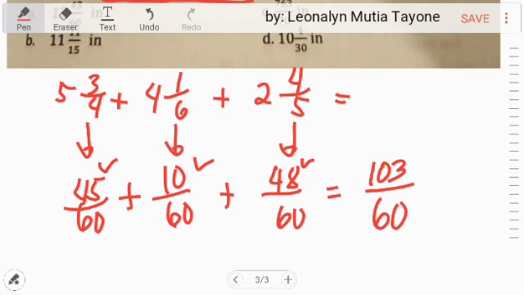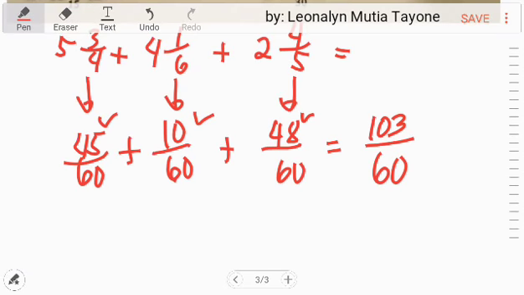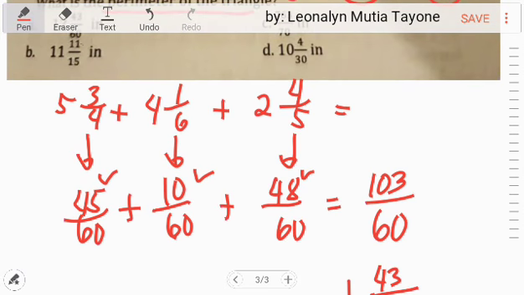Ilang 60 ba ang 103? Isa lang. So, minus mo na lang siya para sa remainder natin or yung gawin nating numerator. So, 103 minus 60, and that is 43. Yun yung numerator natin. Over 60, kopyahin si denominator na 60. So, ang 103 over 60 ay equivalent ng 1 and 43 over 60. Huwag kalimutan yung mga whole numbers natin na 5, 4, at 2.